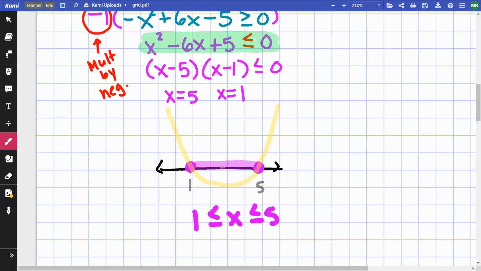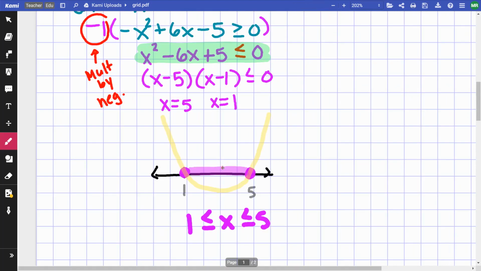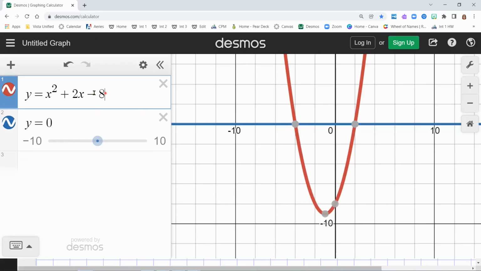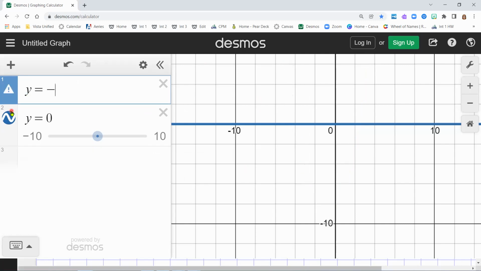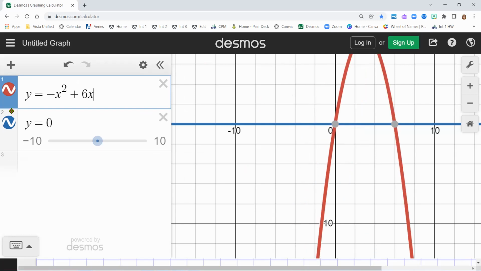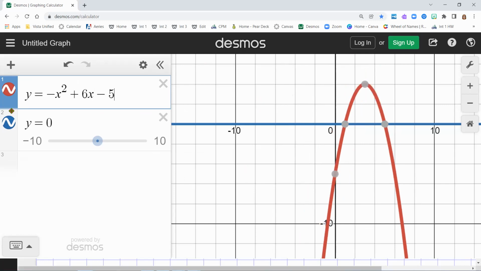Now, the original problem was a negative. If I was to get my Desmos again, and -x² plus 6x, so y equal -x² plus 6x minus 5.